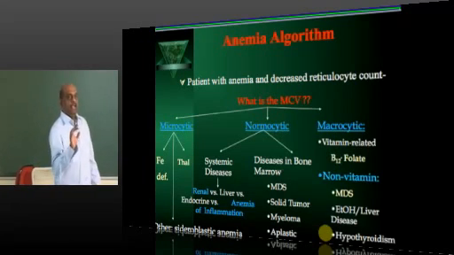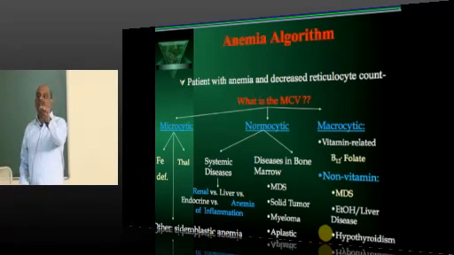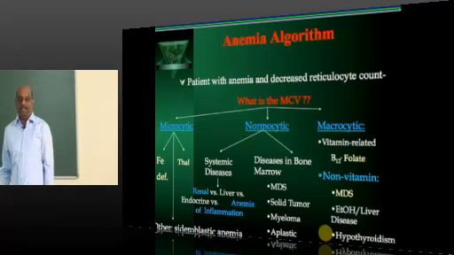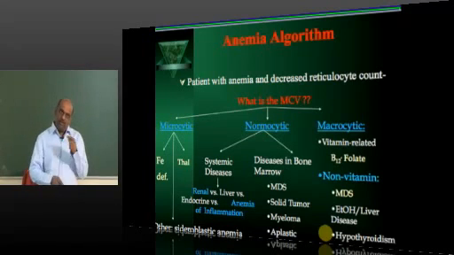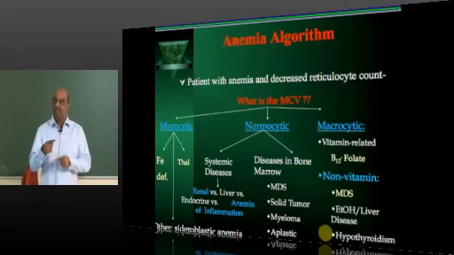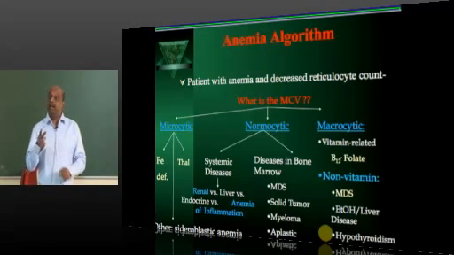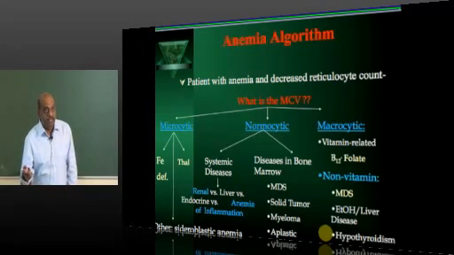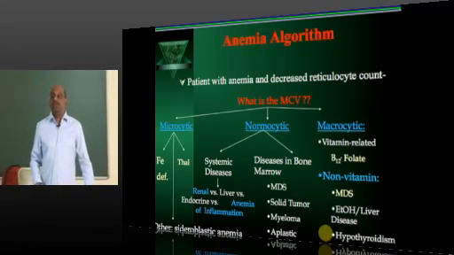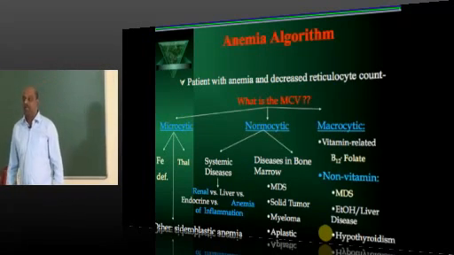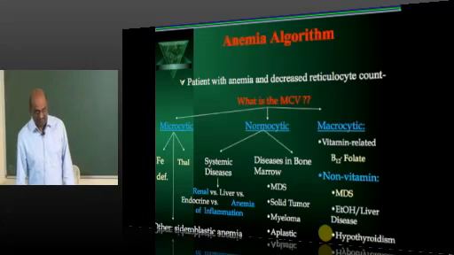So whenever you have a patient who has a refractory megaloblastic anemia, in spite of treatment, occurring repeatedly, that's an indication for bone marrow biopsy, where you discover the presence of a myelodysplastic syndrome. That is what you need to remember.